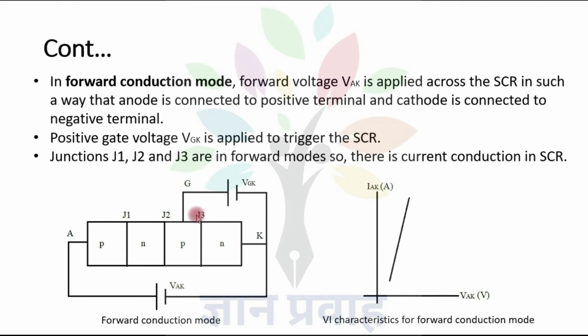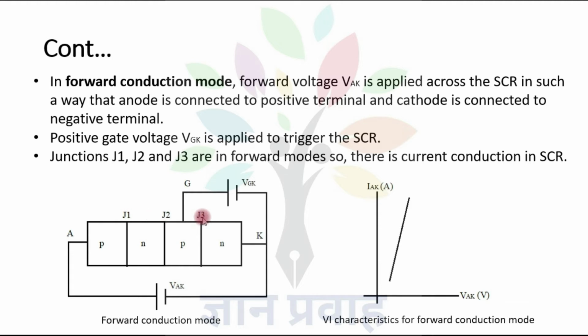J1 and J3 operate in forward bias because of application of this VAK voltage, where positive terminal of this VAK is connected with the P side of this J1 junction, while negative terminal of this VAK is connected with the N side of J3 junction, and that causes J1 and J3 in forward bias.